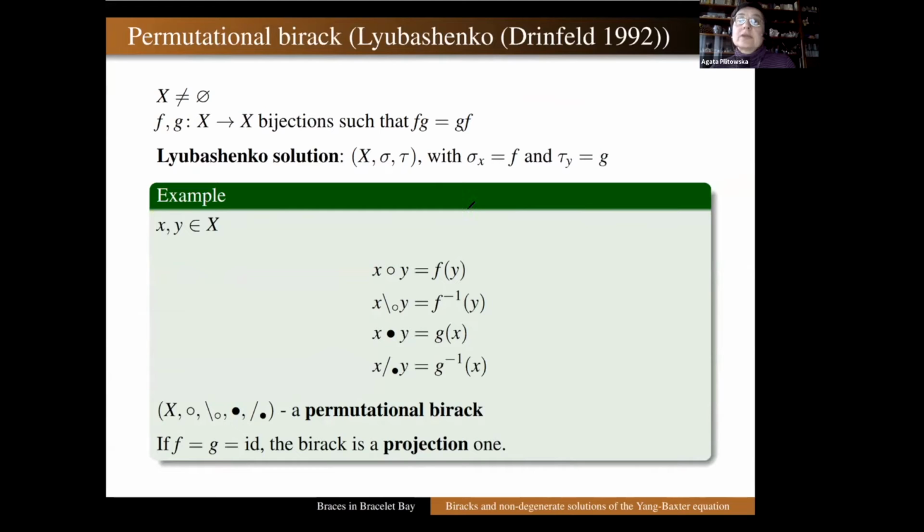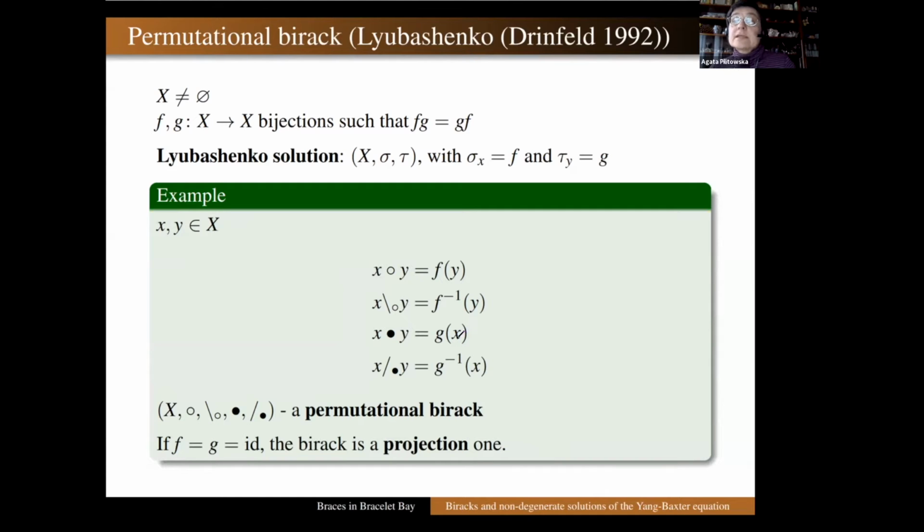Everybody knows the Lubashenko solution, which is defined on some non-empty set by 2 commutative bijections, and using left multiplication as the first mapping F, and right multiplication defined by the second bijection G, we immediately obtain a Birack, which is called a permutational Birack.